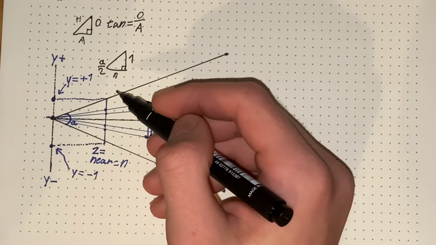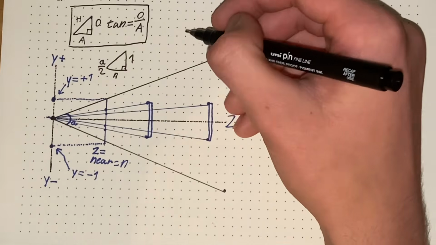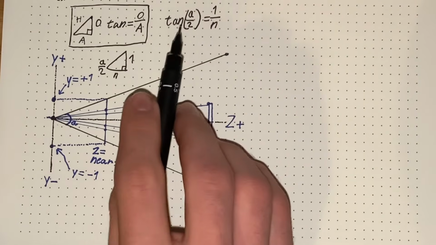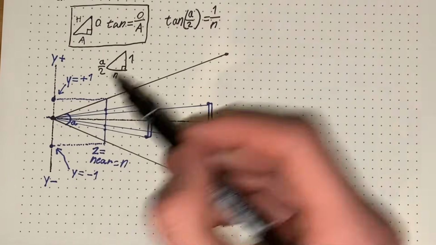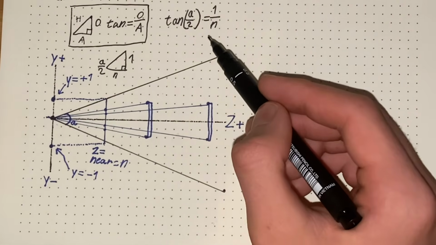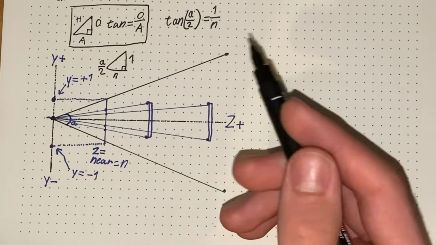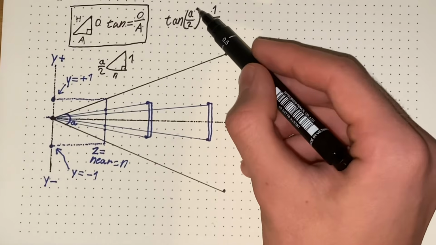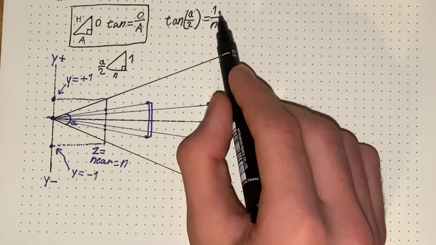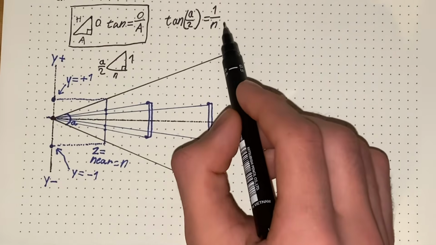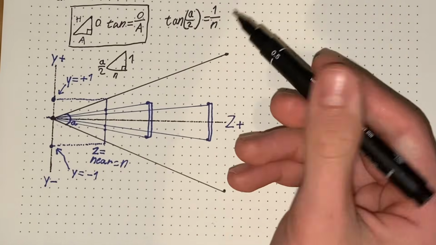Let me write up something else. Great, so now I'm using this definition of the tangent, and I'm putting in the values that we already know from our right triangle. If we put in the angle here, we should be getting 1 divided by n, where n is how far away our screen is.